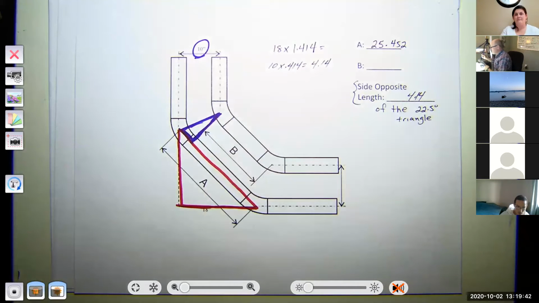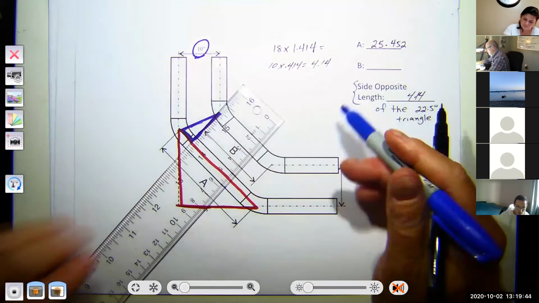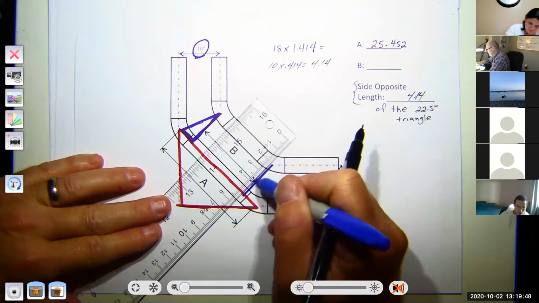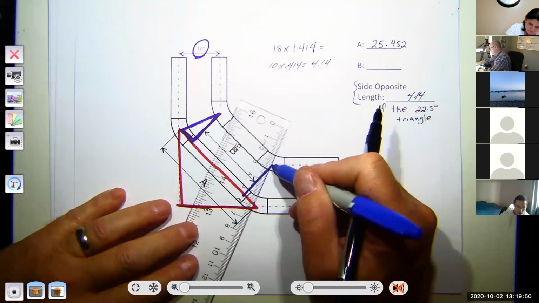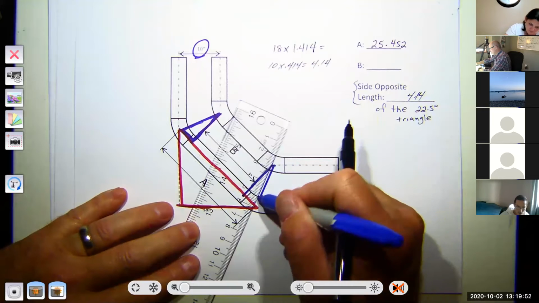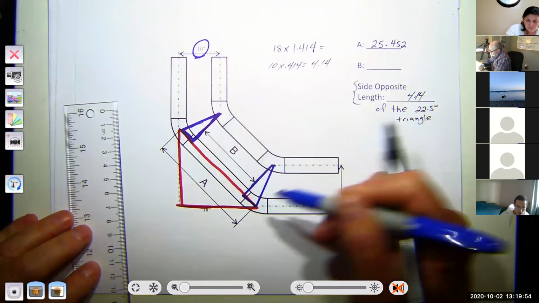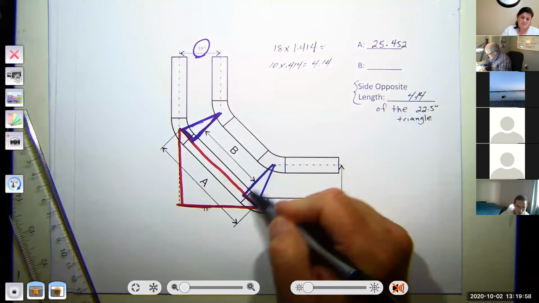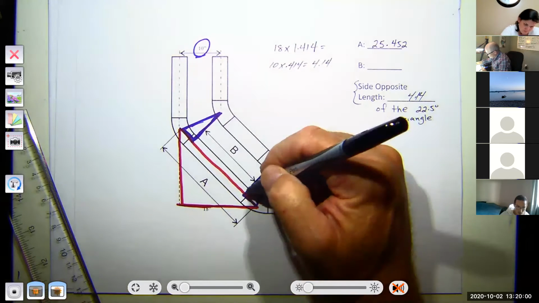And because this is also an equal spread offset, here's my other 22.5-degree right angle triangle. And this is also 10 times 0.414.